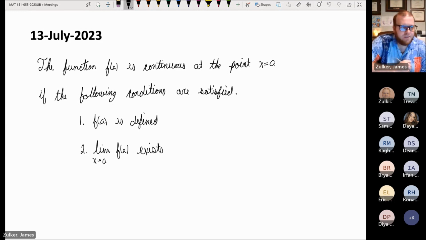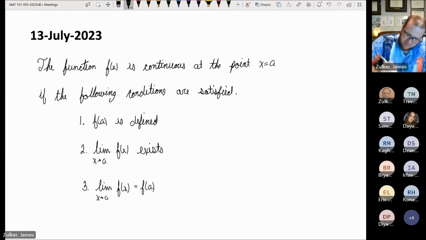Third, the limit as x approaches a of f of x is equal to f of a. All three conditions must be satisfied in order for the function to be continuous. If it fails even one of those conditions, then it is not continuous.